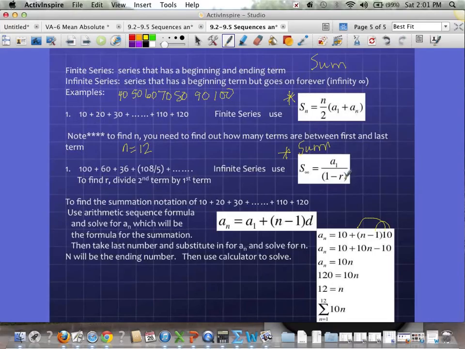That means it's geometric, which means you had to divide to get a common ratio. So you'll be able to tell the difference between the two. And all the series ones have an S, okay, for series. So you're either going to have to work with this formula with the S's or the summation sigma formula. Either way, you should be able to do this without any problem.